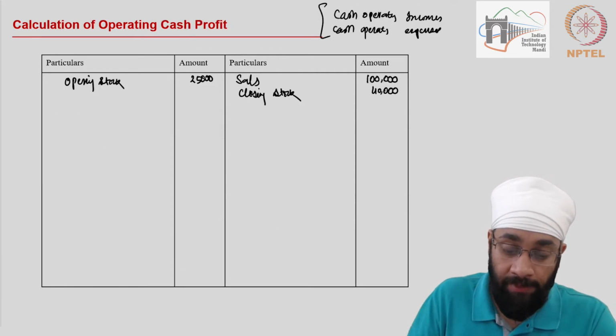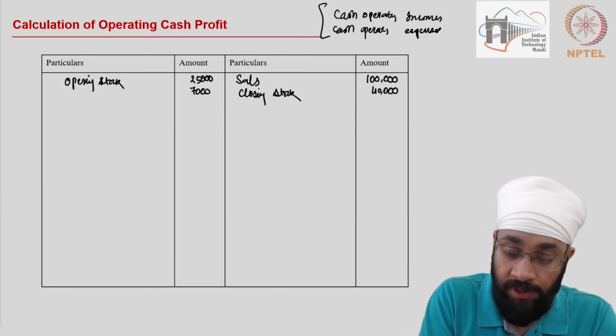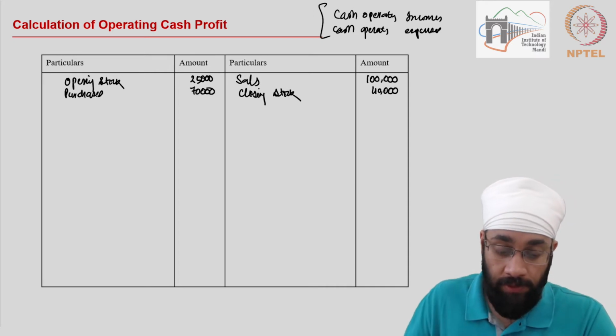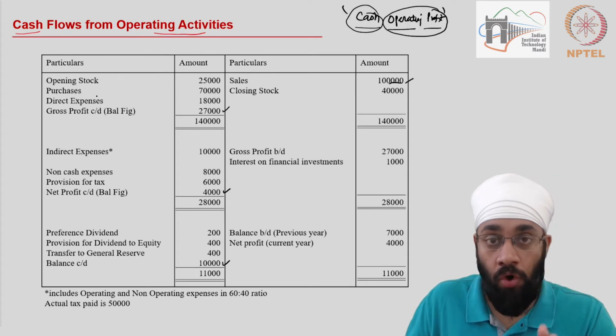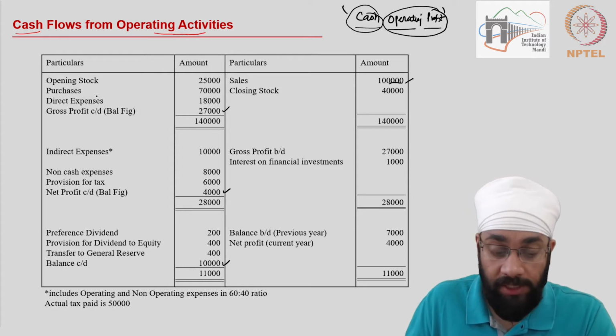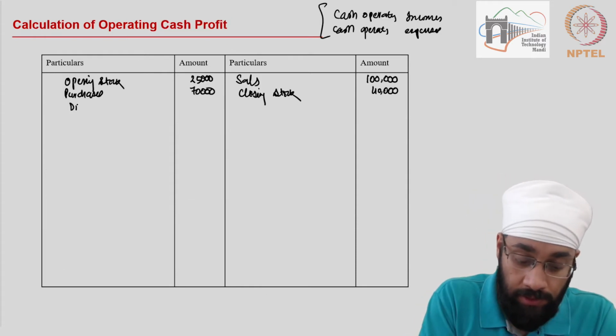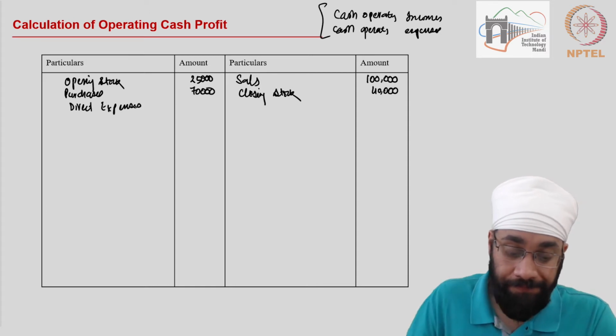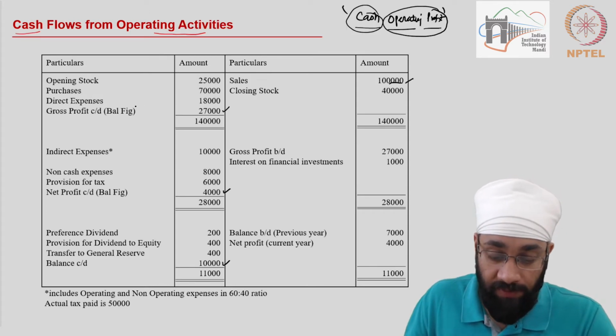You add to it the amount spent on purchases, which is 70,000. Then you have direct expenses. All direct expenses are operating expenses. This is 18,000.